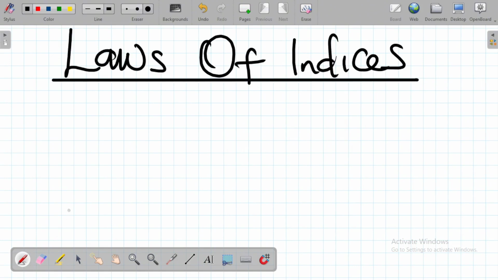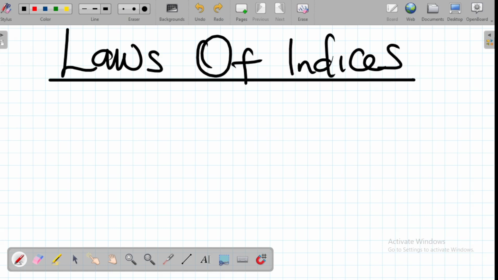Now let's consider the laws of indices. The first law of indices is the multiplication law.